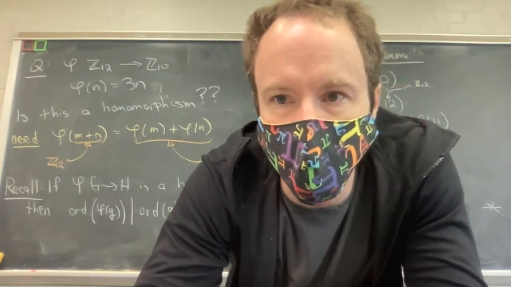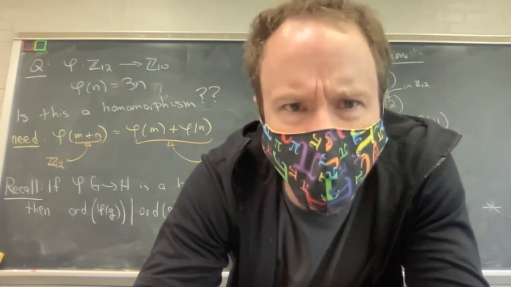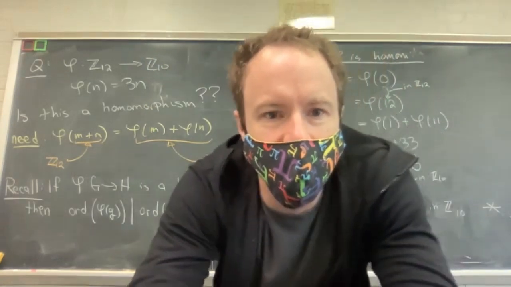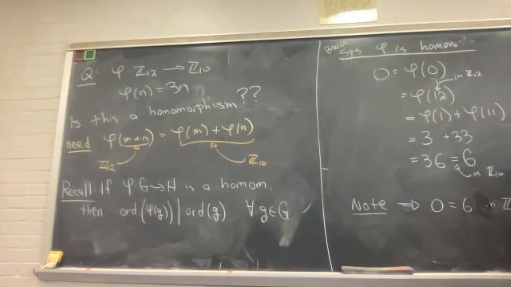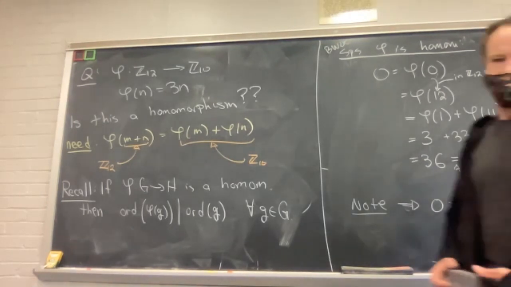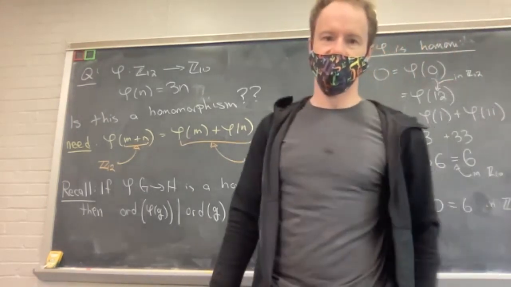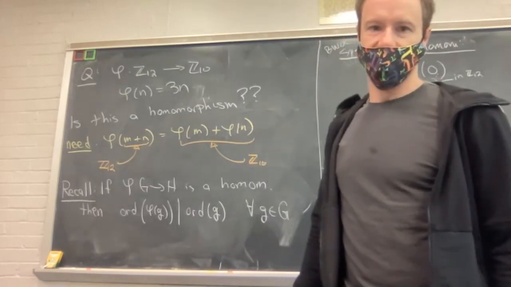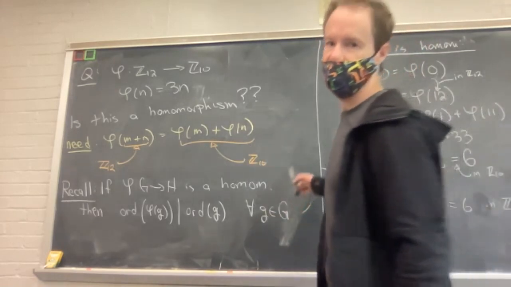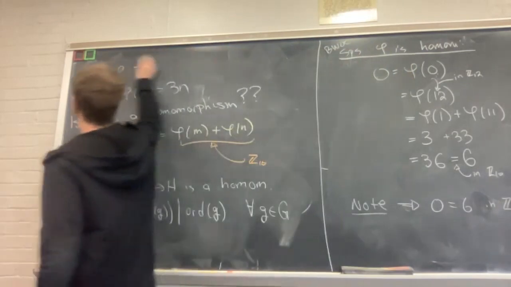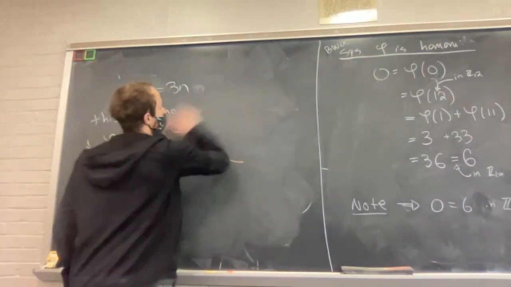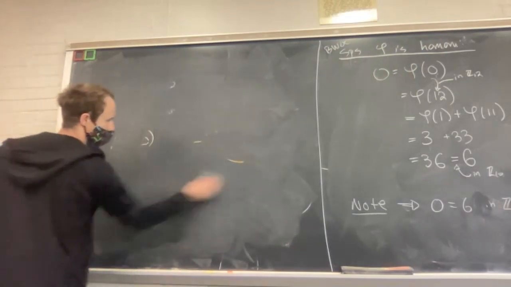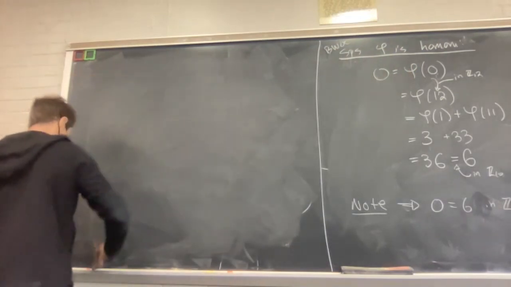Okay, let's look at this first one. There's my tab. It's got a map from Z to Z. It takes Z to 7Z, and it says find the kernel and the image. So let's do it.